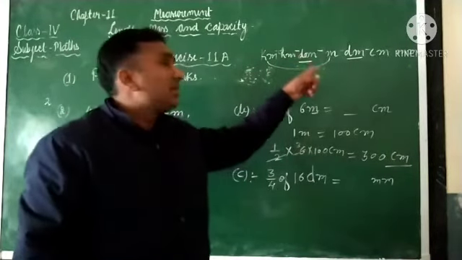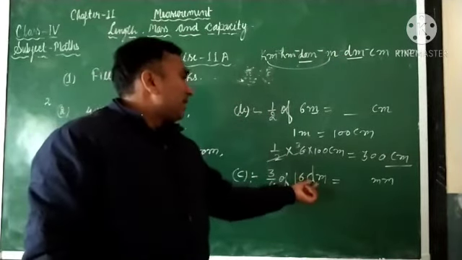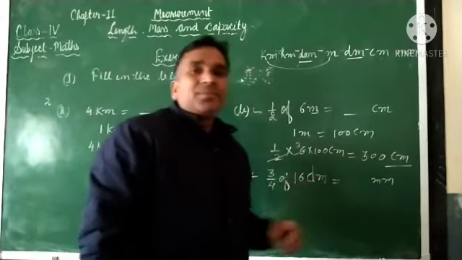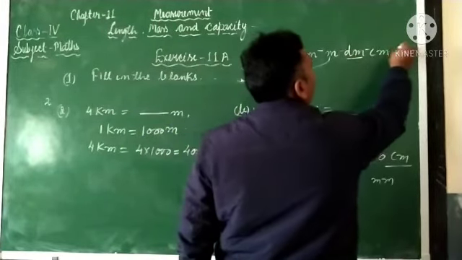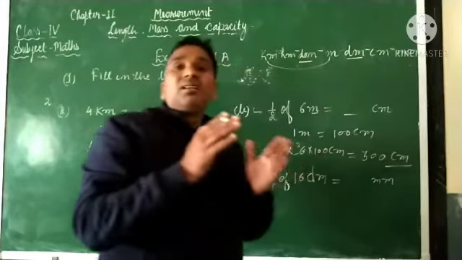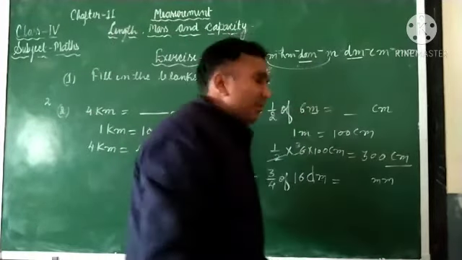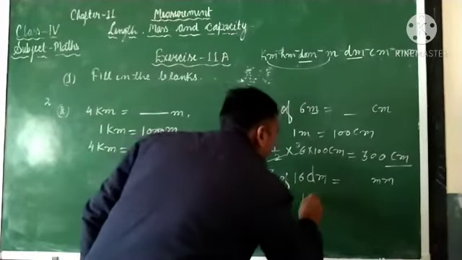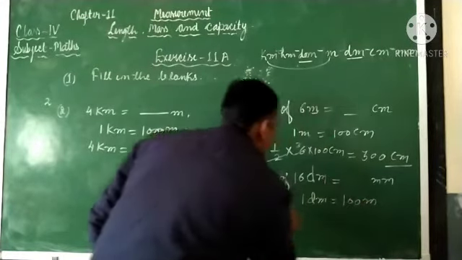This is decameter and that is decimeter. So they want dm into mm. Here see dm and here mm. How many skips are there? 2 skips means 10 into 10, 100. 1 dm equals 100 mm.